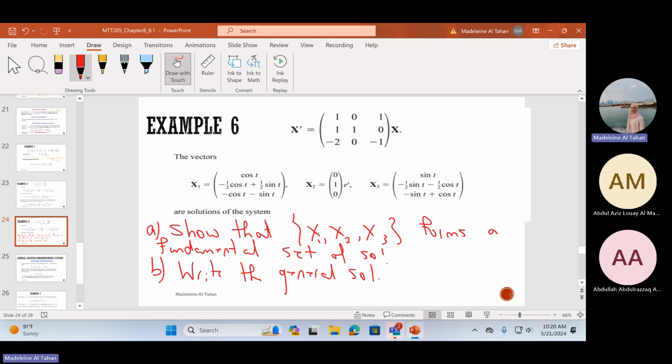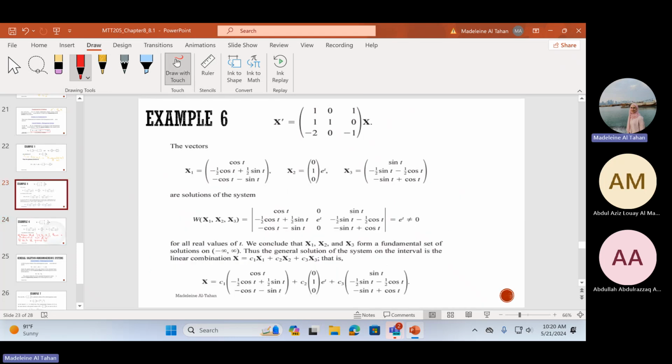So who got the value for the determinant? What did you get? 1. Let's try to do it again. What is the determinant? E power t.